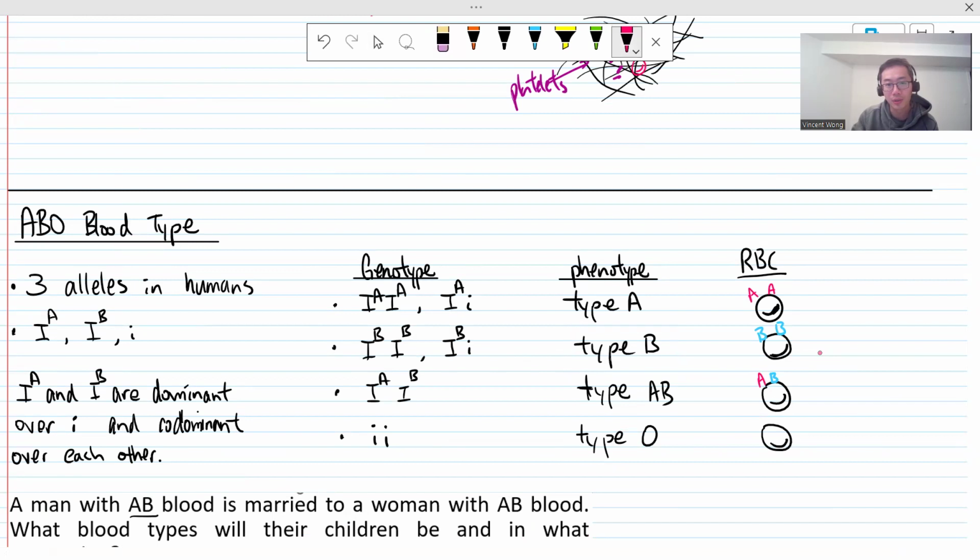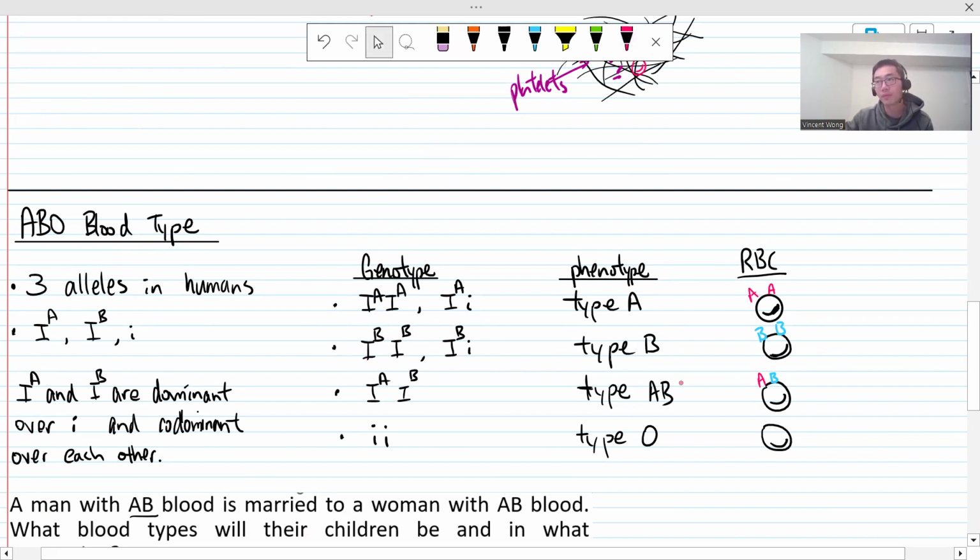You can be IB IB, or you can be IB little i. You should always refer to this chart. Only when you are AB do you guarantee IA IB. When you are type O, then you guarantee little i, little i. Okay, thank you. Got it.